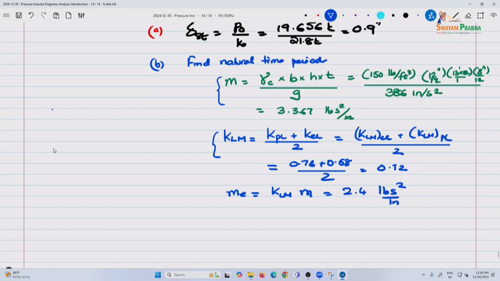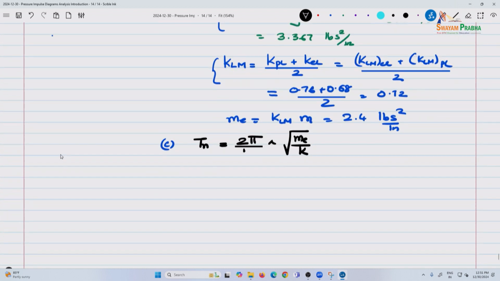The natural time period is 2 pi multiplied by the square root of ME divided by K. It comes to 2 pi, we are almost there, 2.4 divided by, now this is in pounds, so let's convert this to 21,000.